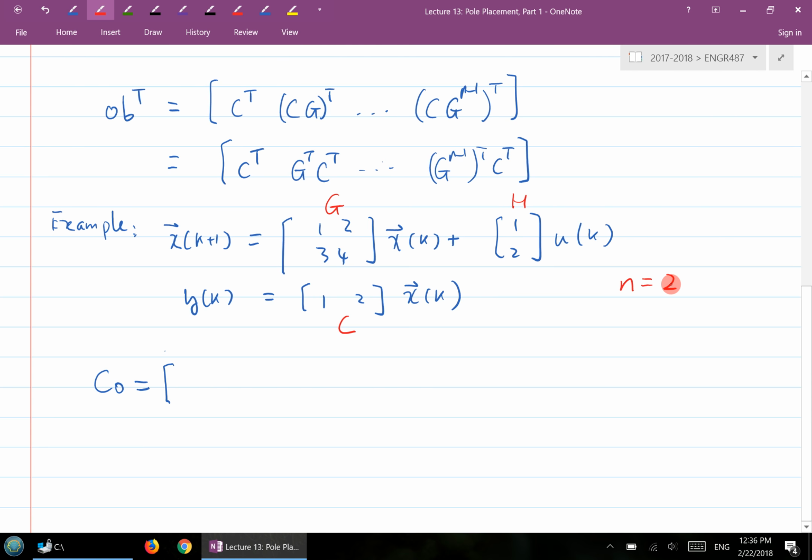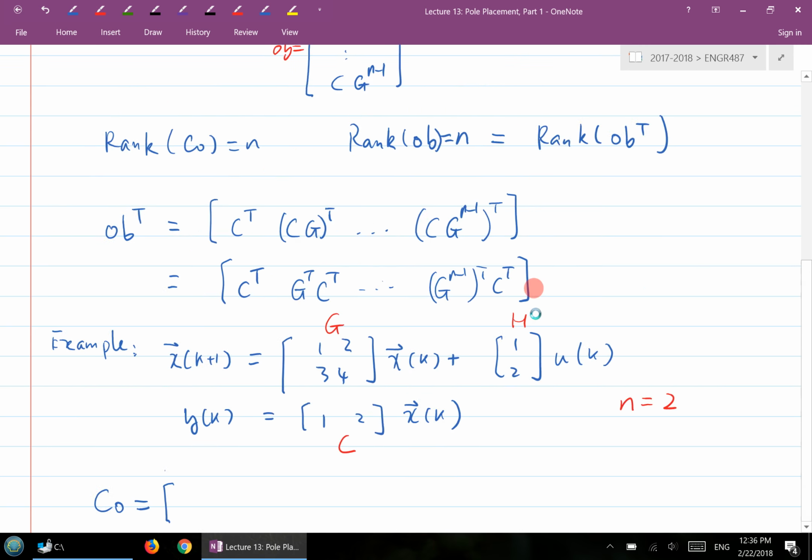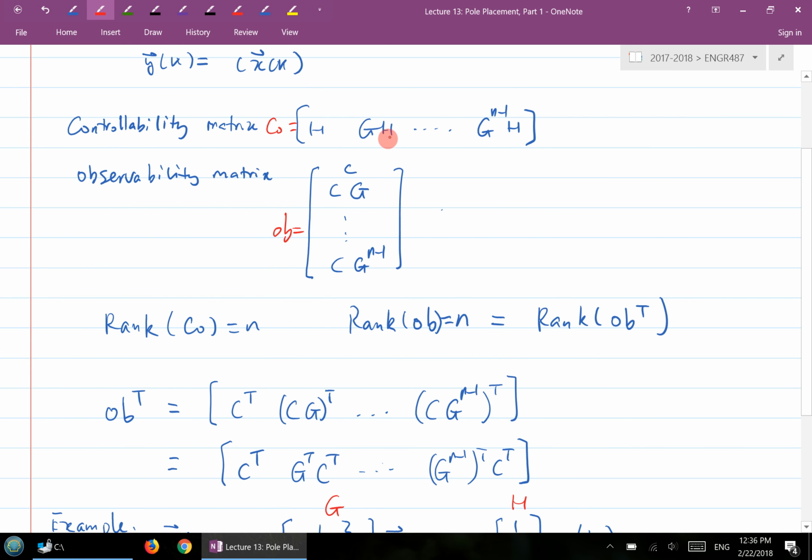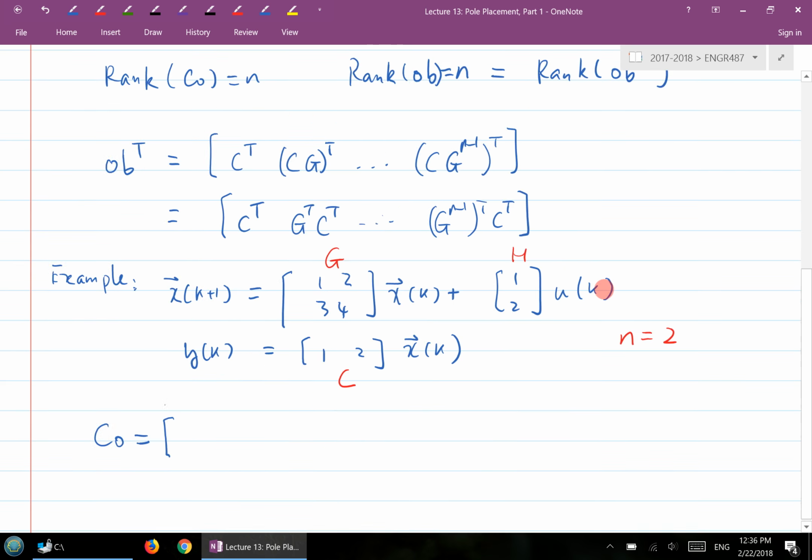If you look at the formula, that's basically G H up to 2 minus 1, so it's basically up to these 2. So the matrix is H and GH. G is over here, H is over there. The first column is H, which is 1, 2. The second column is G times H, which you can find out is 5, 11.